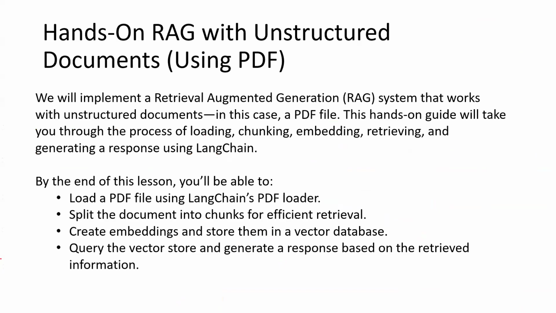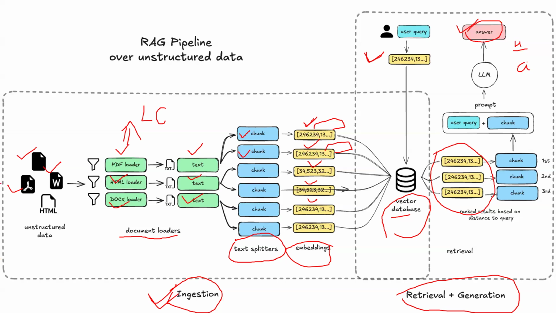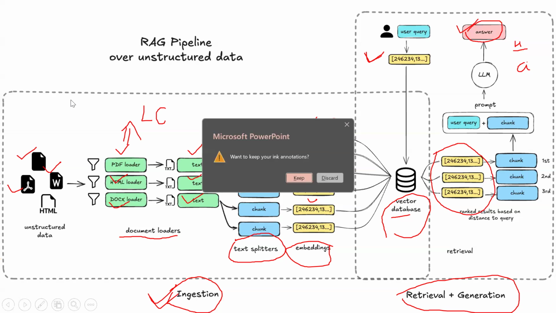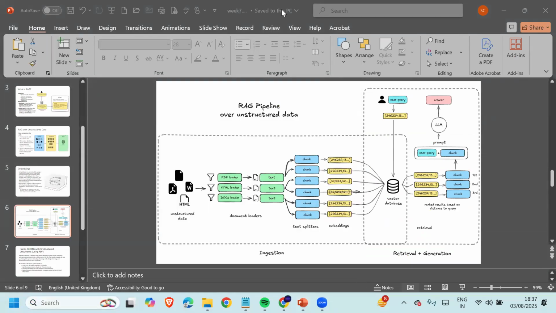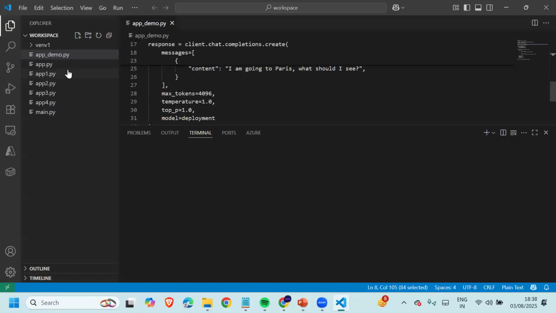So with that, let's jump into the code. This is what we were doing in the last class, with Streamlit.